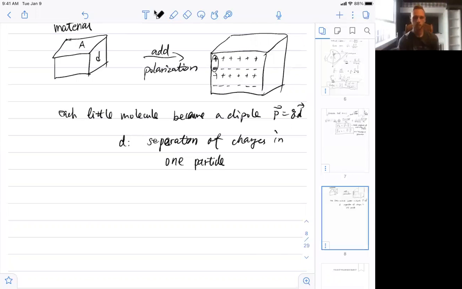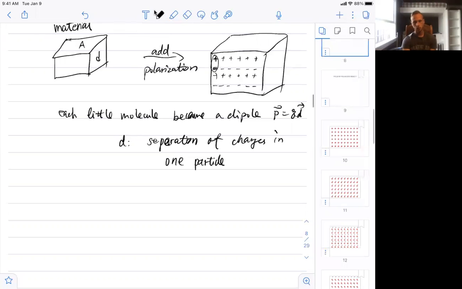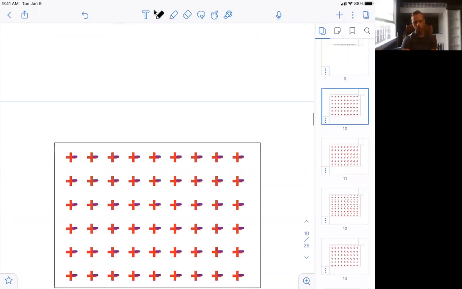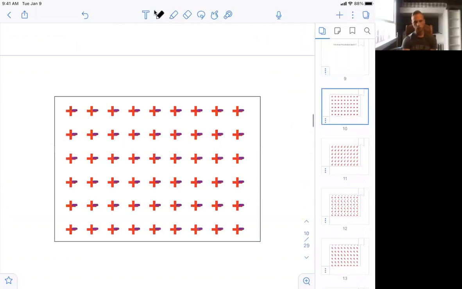So I can show these slides, which hopefully will show you the process of this polarization. Before you polarize, this is your material. Overall it's neutral. That doesn't mean it doesn't have any charges.